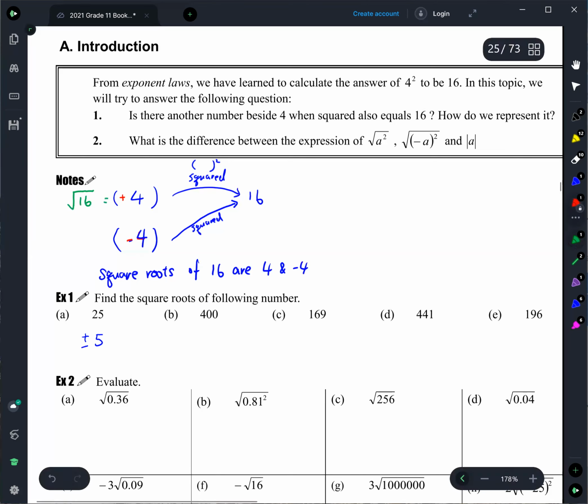Okay, so at the front is positive, okay? You could show it or you don't show it. Usually we don't show the positive sign, okay? But I'm just writing out. So then it represents the positive square root, okay? And then for the negative square root, because you have always 2 of them, right? One positive, one negative. For the negative 4, then you put a negative in front.